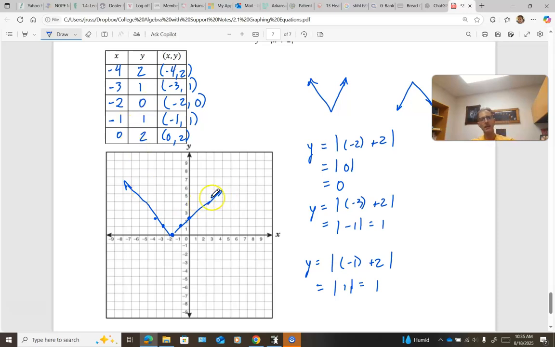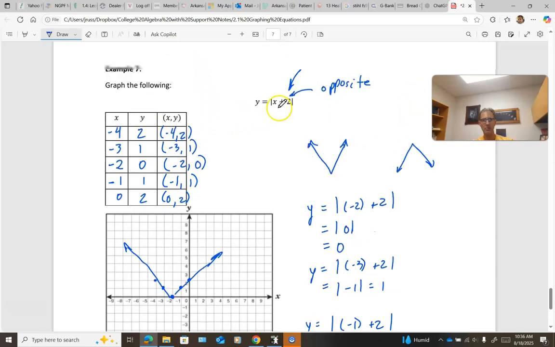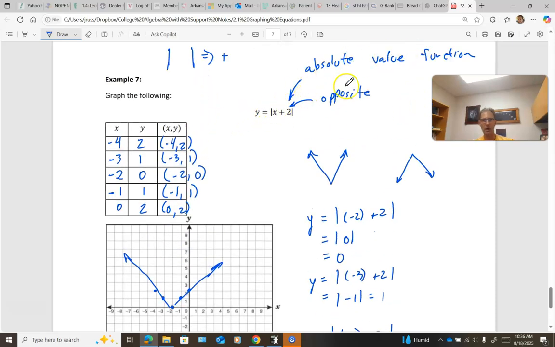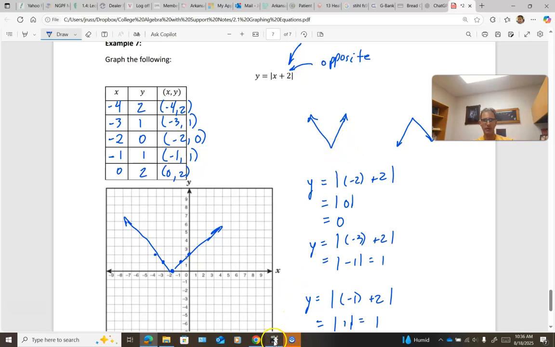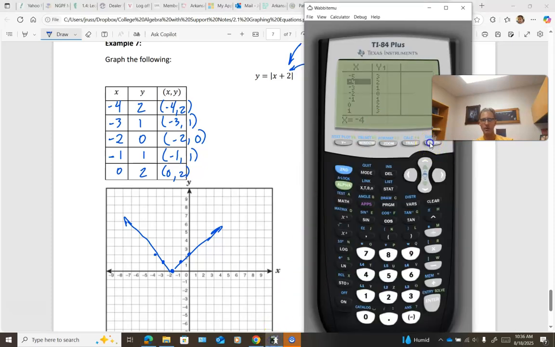So it's kind of like the line comes down, hits the x-axis, and bounces back up. It bounces back up because all the y values have to be positive because of the absolute value operator right here. And then just real quick, you could hit the graph key in your calculator. Look at that. And guys, if you're not sure what the center point is, just graph it first, and then you can see right here. It's whenever x is -2. Okay?